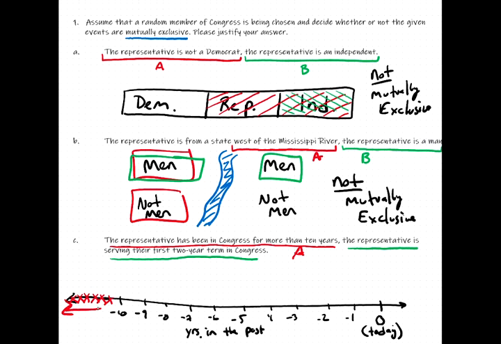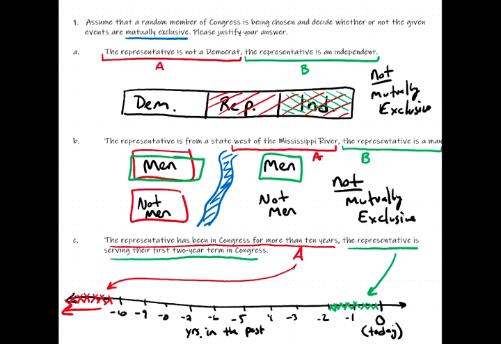And for the representative to be serving their first 2-year term, well, that means they could not have been in Congress for more than 2 years, which means at most they started 2 years ago. So it looks like, and this is just one way of visualizing the problem, these two events are definitely mutually exclusive.